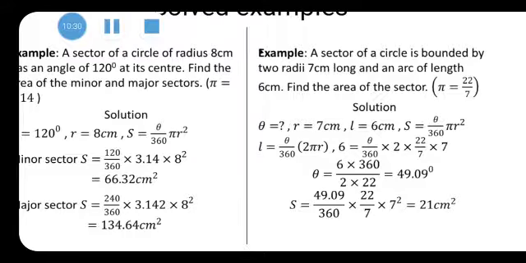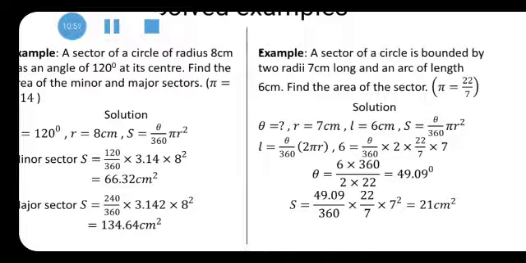So if we substitute these values, we have 6 equal to theta over 360 times 2 times 22 over 7, which is the pi, times 7. Then we can simplify and make theta subject. So our theta will be equal to 6 times 360 divided by 2 times 22, which will give us 49.09 degrees.